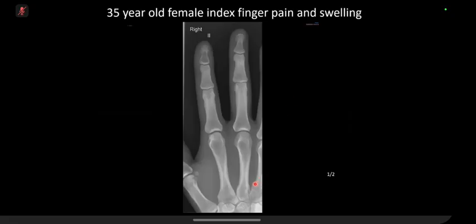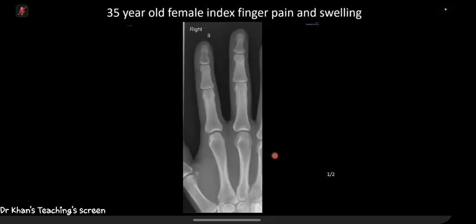This is a frontal radiograph of the right index finger of a 35-year-old female patient. There is an abnormality of the right index distal phalanx, which is essentially the entire medullary cavity is occupied by a lytic lesion without particular evidence of expansion or cortical destruction, but there is a transverse lucency through the proximal aspect, suggesting a fracture through this.